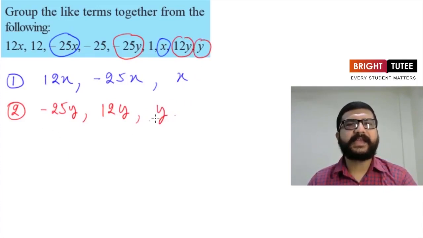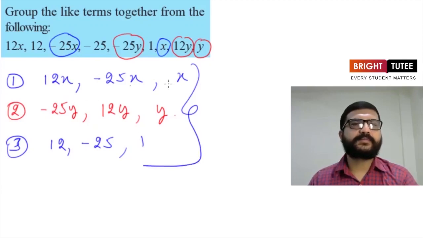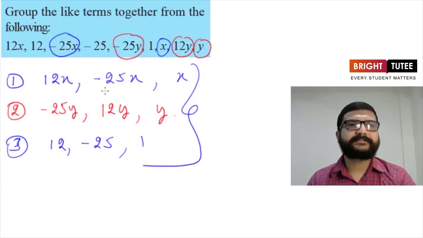So these are the 3 like terms, and after these we will write all the constants, as all the constants will again be like terms. So it is 12, minus 25 and 1. So these are the groups of like terms.